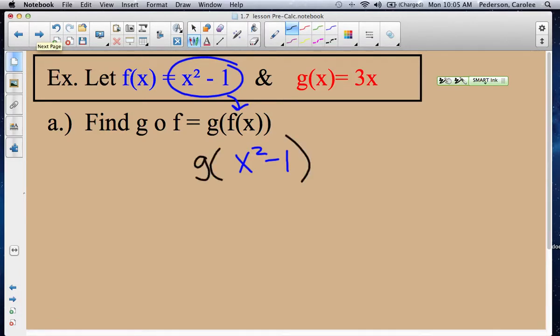Now what am I going to do? What function am I going to next? I'm going to g's function and evaluating it for x squared minus 1. So this whole thing is now going in for that x.